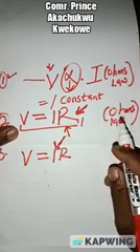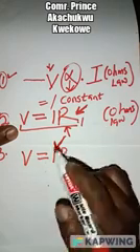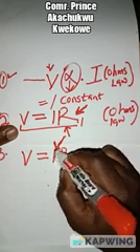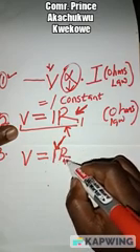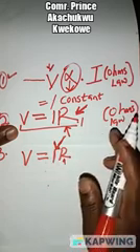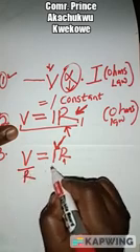So we remove R so that I will be alone. What we now do is divide both sides by R.